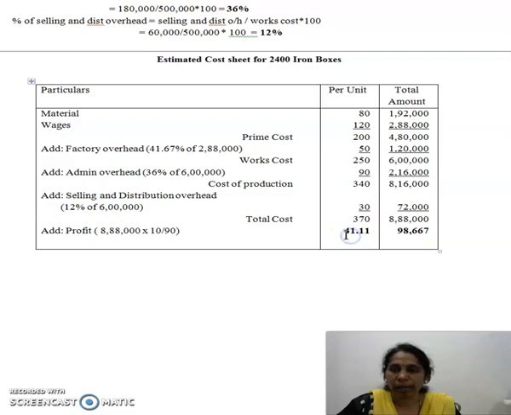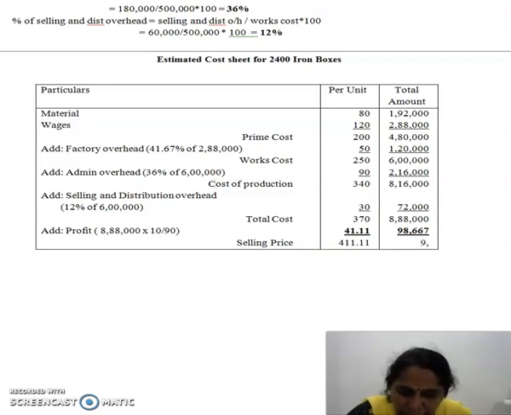Okay. Add the profit, you will get the selling price. So how much is it coming? That is 370 plus 41.11 is 411, sorry, 411.11. And here the total will be 9 lakhs. How much is it coming?